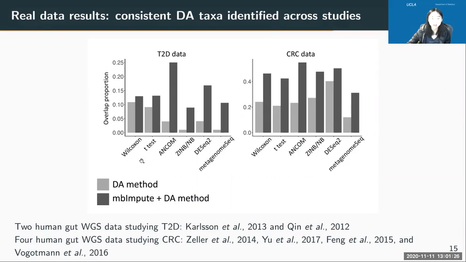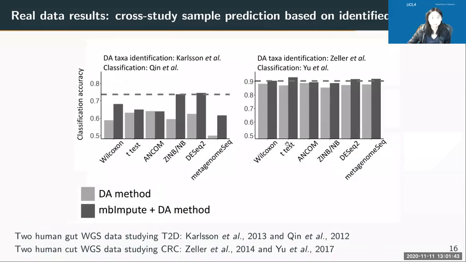And here we also compare each DA method's result with having mbImpute as a preceding step. So encouragingly, we see that with mbImpute, the consistency is much improved for all the methods. And this is another check, the cross-study classification.